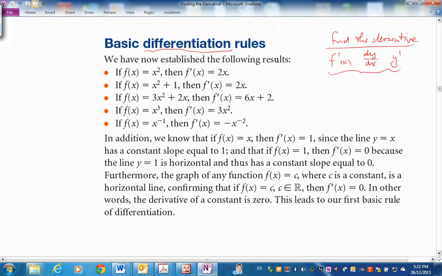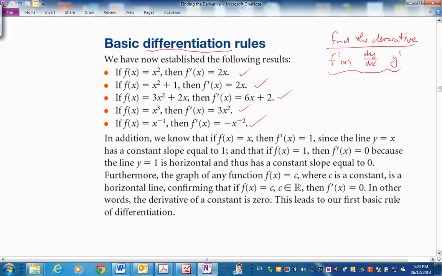Okay, so if f of x is x squared, derivative is 2x. If it's x squared plus 1, same derivative. We found that. They have parallel tangent at a certain point. 3x squared plus 2x, did we do that one? Yes, we got 6x plus 2. x cubed, we got 3x squared. x to the neg 1, we get that one.